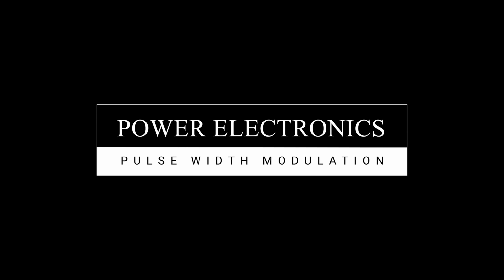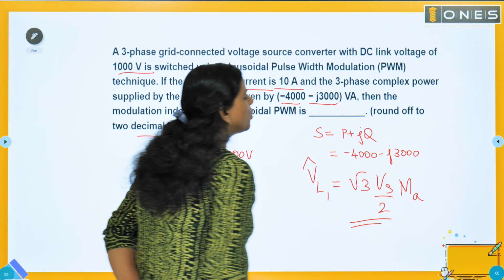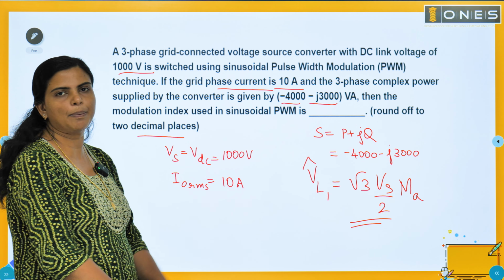Okay, so for a three-phase converter, the modulation index is defined with respect to the fundamental: VL1 RMS or VL1 peak value of the fundamental is equal to root 3 VS by 2 into MA, where MA is the modulation index and VS is the supply voltage.